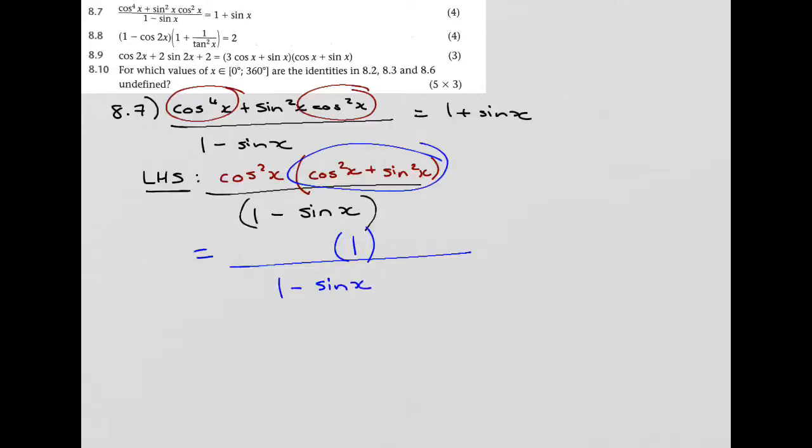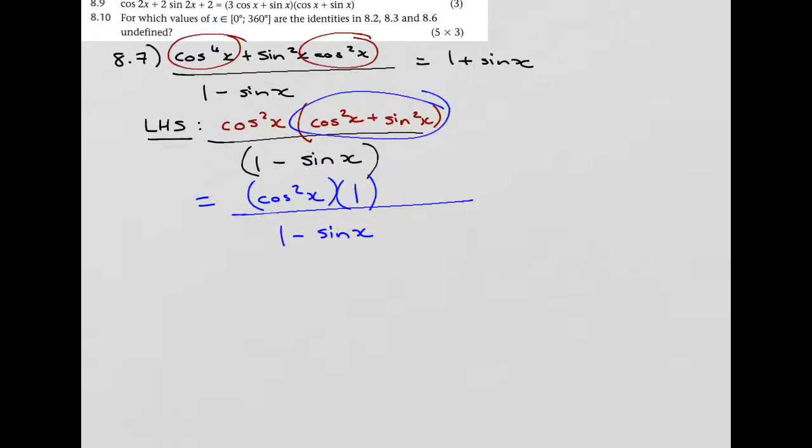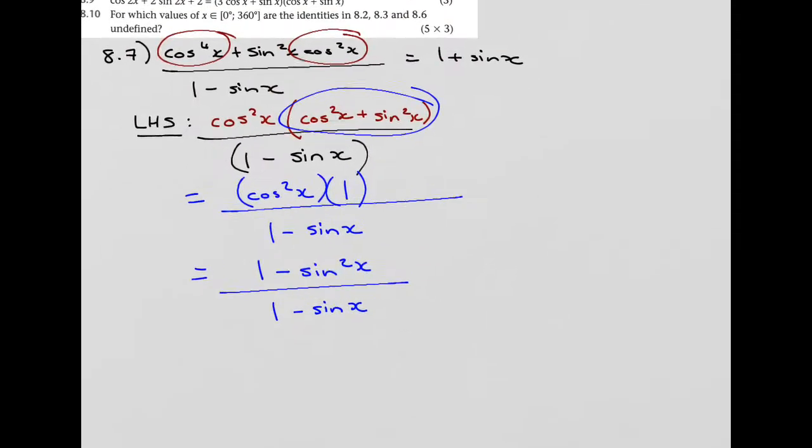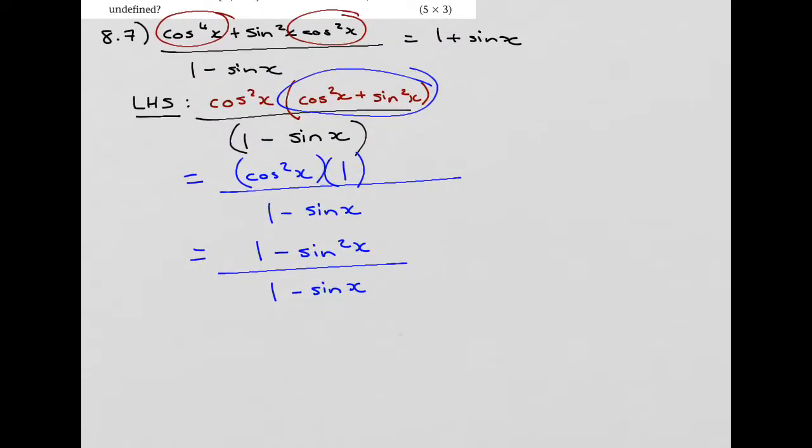So I'm going to have that as 1 minus sine x, and then I've got a cos squared x. Alright, so effectively I've got a cos squared x over 1 minus sine x. But cos squared can become 1 minus sine squared x all over 1 minus sine x. The only reason I'm doing that is because on my right hand side I don't have any coses, and so I need to get rid of the coses on the left hand side.